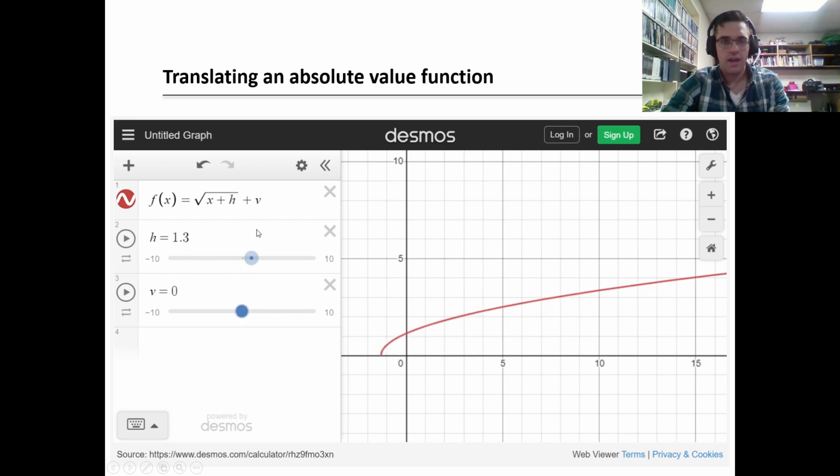And if we add something for v, outside of the square root, it's going to translate the graph up. Notice the shape has not changed, it just moves. And if we subtract from a radical function, it's going to translate the graph down.